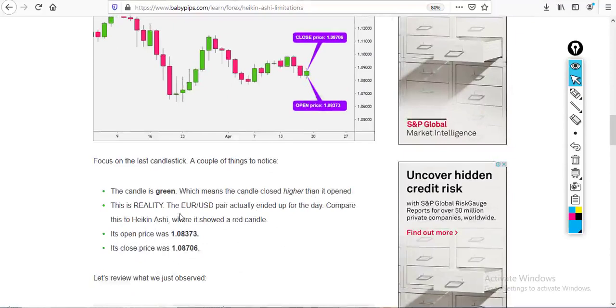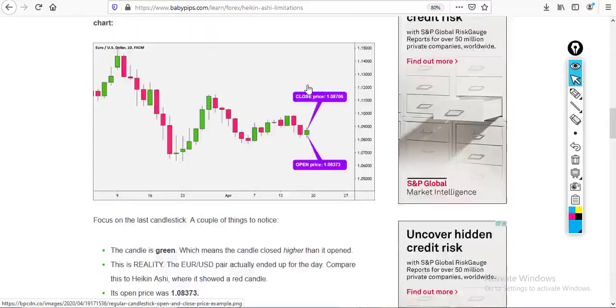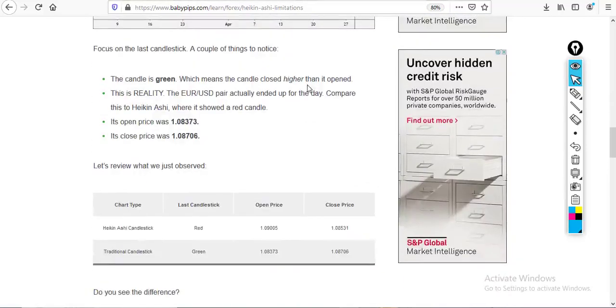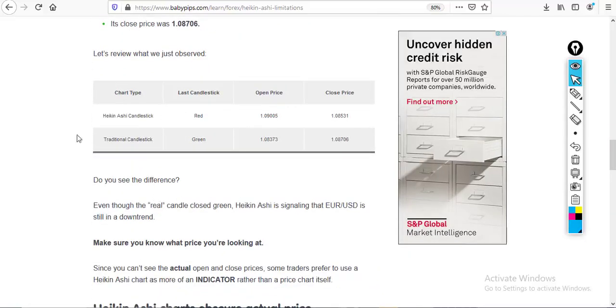It is also very clear that the pair EURUSD closed bullish for the day, compared to Heikin Ashi, where it closed bearish. The open of this price was 1.08373 and the closing price was 1.08706.